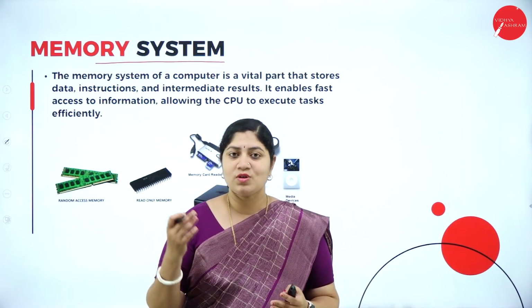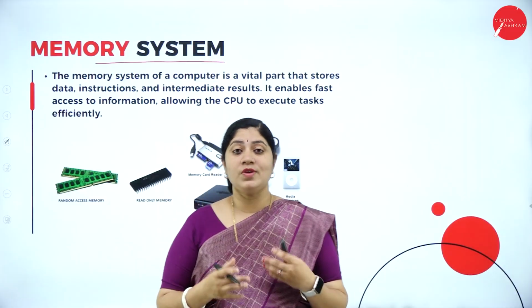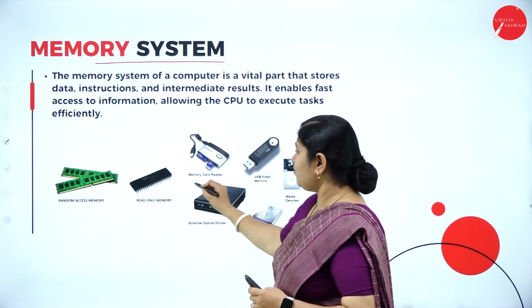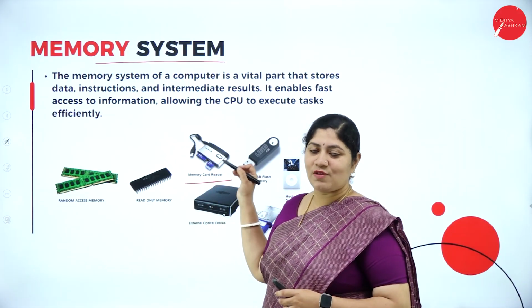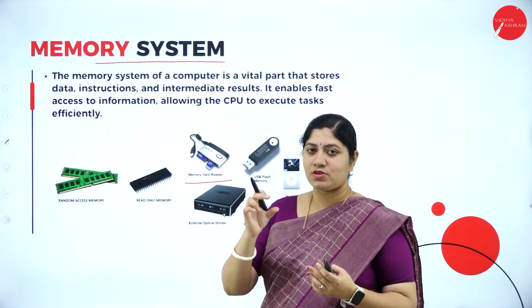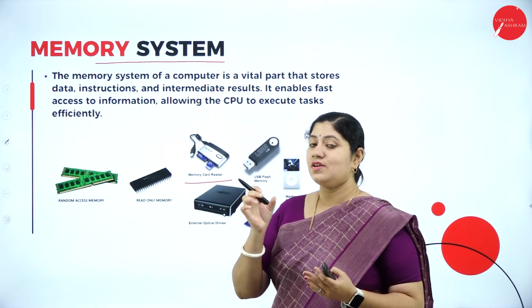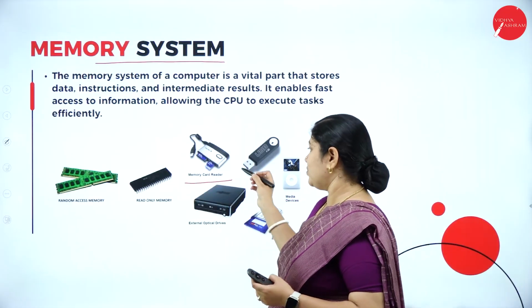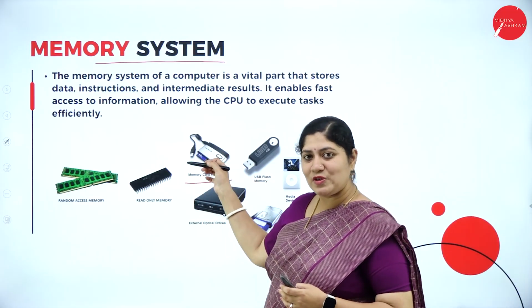So let's see what are the different kinds of memory devices which we utilize in our day-to-day life. So yes, it's a memory card reader. It is used to store the information, correct, right? So in our mobile phones, we'll be having that same slot. In that same slot, even we'll be having the card slot. That's a memory card slot. Yeah, so yes, we can consider it as a memory system.